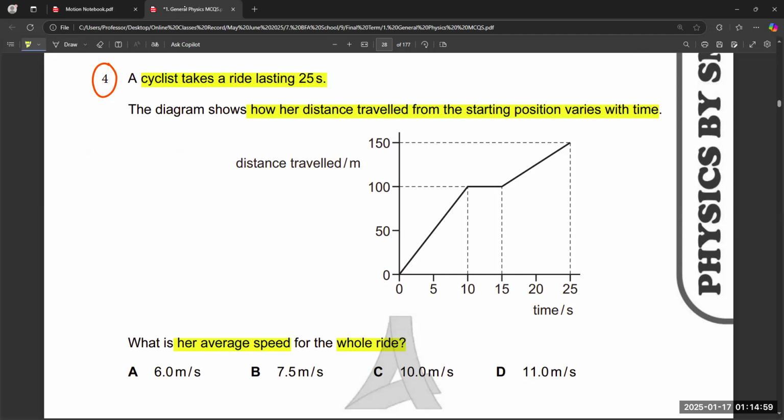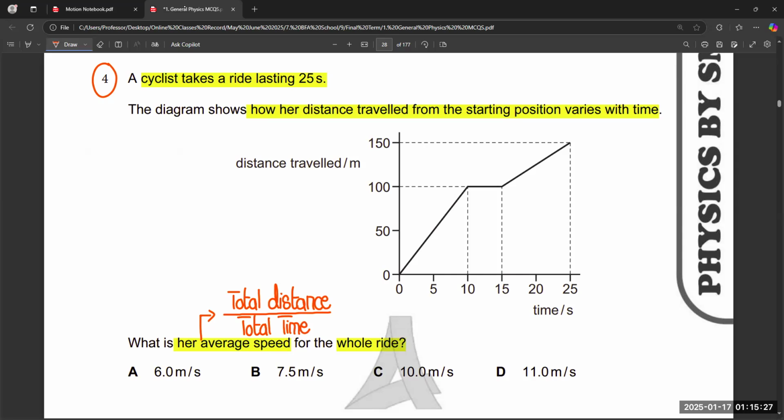Average speed means total distance divided by total time. Total distance divided by total time.